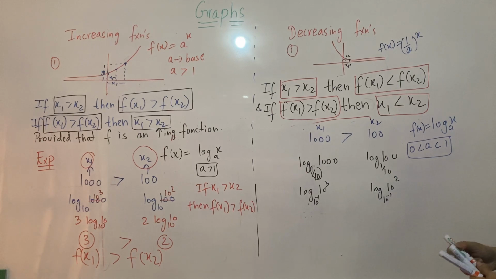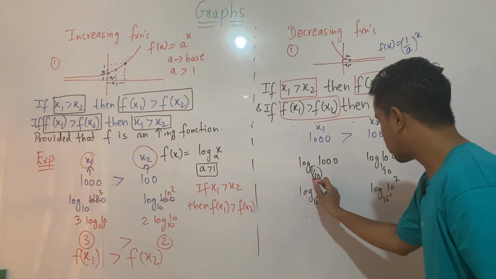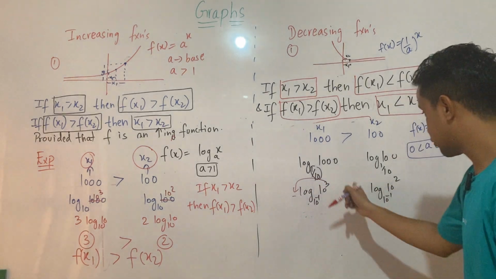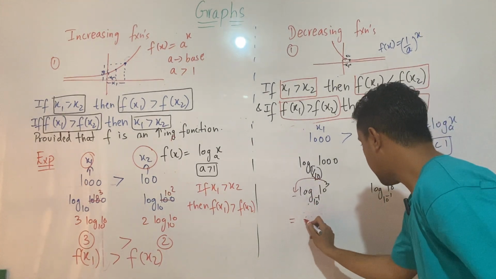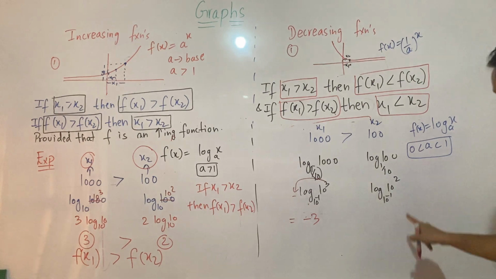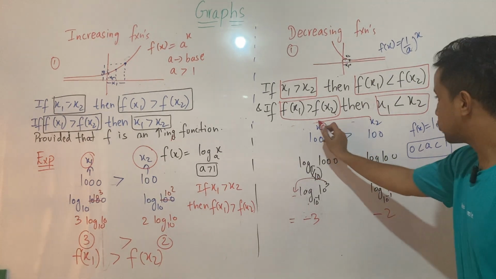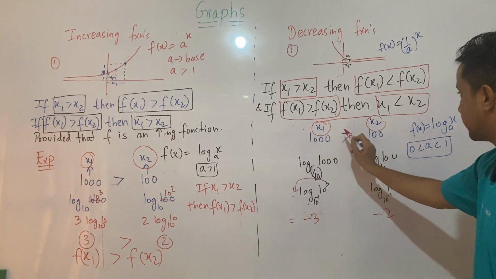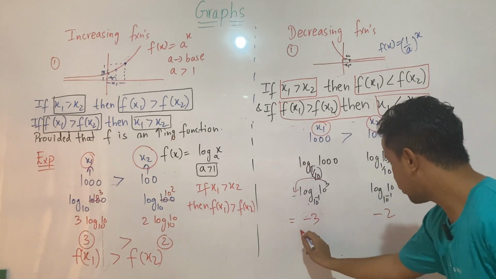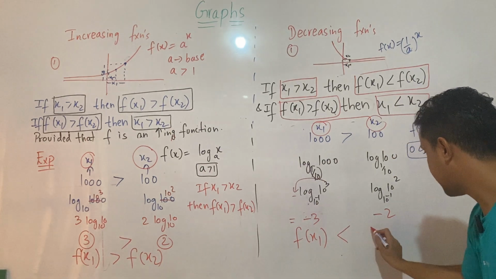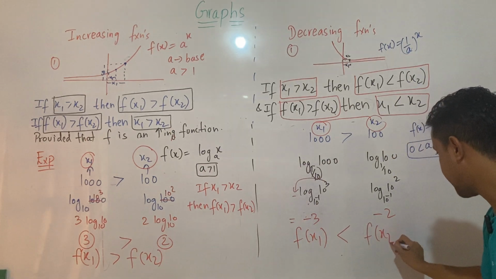Now very interesting: the minus 1 goes in the denominator, so this is going to be minus 3, and this is going to be minus 2. This was x1 greater than x2, but if you look at f of x1, it is less than f of x2.